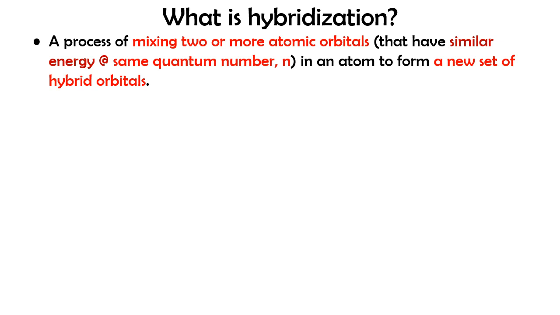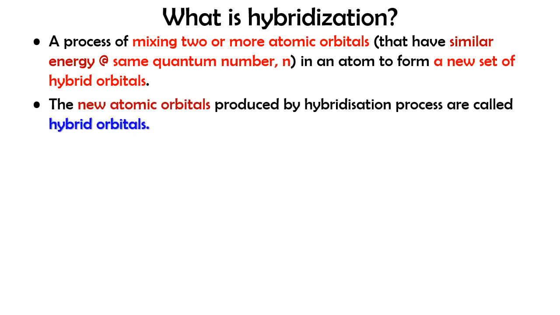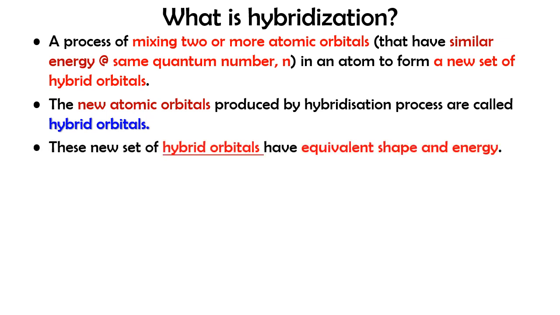Mesti same quantum number in an atom to form a new set of hybrid orbital. Kita totally form a new orbital. The new atomic orbital produced, kita panggil dia sebagai hybrid orbital. The new set of hybrid orbital mesti ada same shape and energy.